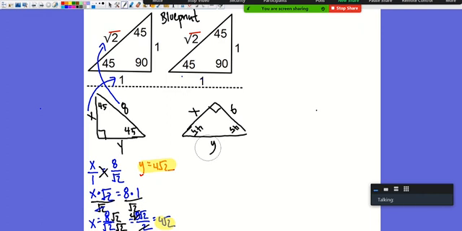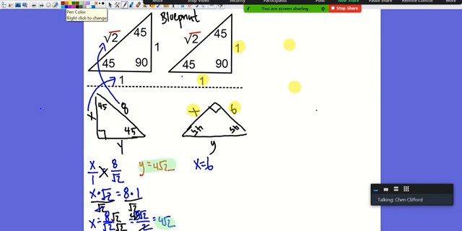Right off the bat, the short sides are always going to be equal to each other. These are the short sides here, and they're always going to equal each other. So if this is 6, x is also going to be 6. We're done with the x's. You see how easy that is?